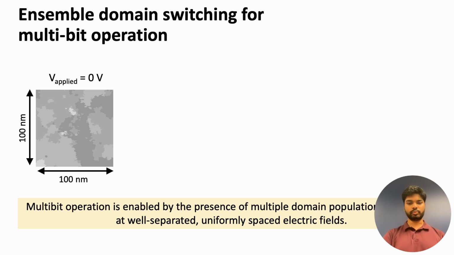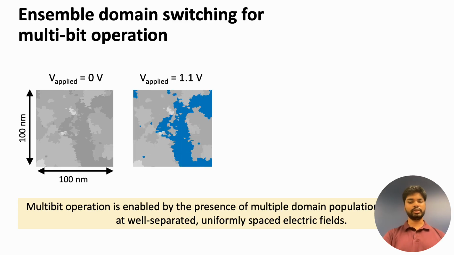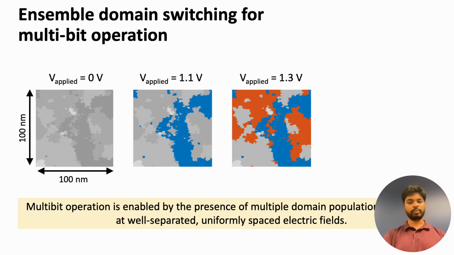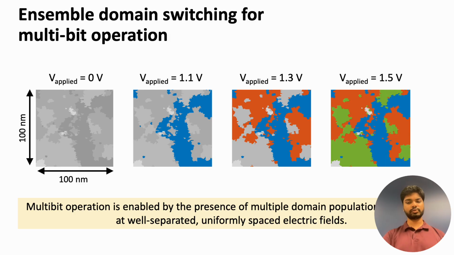Now, we have a 100 nanometers by 100 nanometer region here. That's at zero electric field. At 1.1 volts, we see that the blue regions have switched. When we apply 1.3, the orange regions have switched, and when we apply 1.5, the green regions have switched. Now we have 4 distinct regions that switch at distinct, equally spaced voltages, enabling multibit operation.